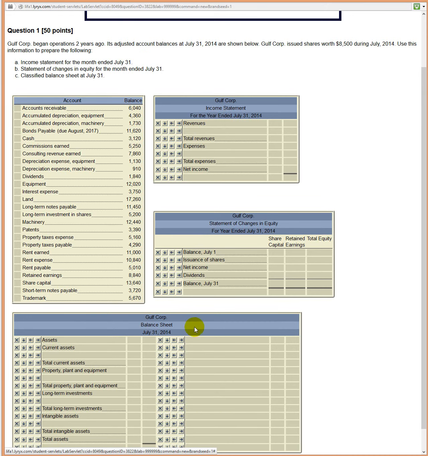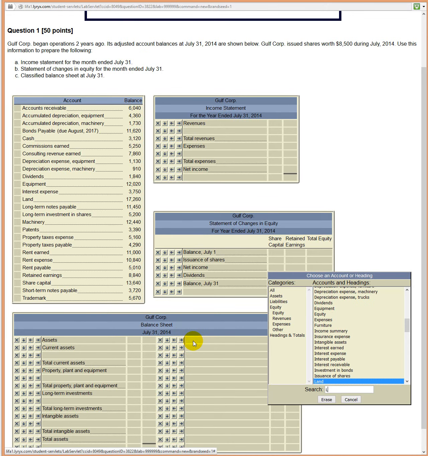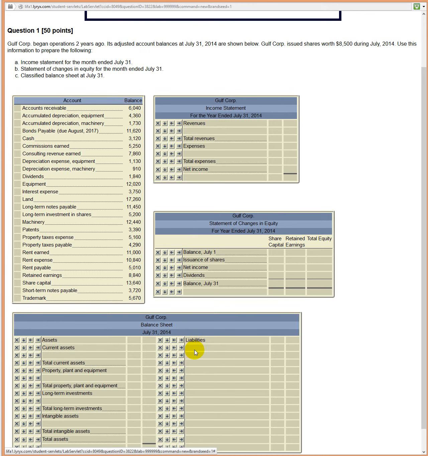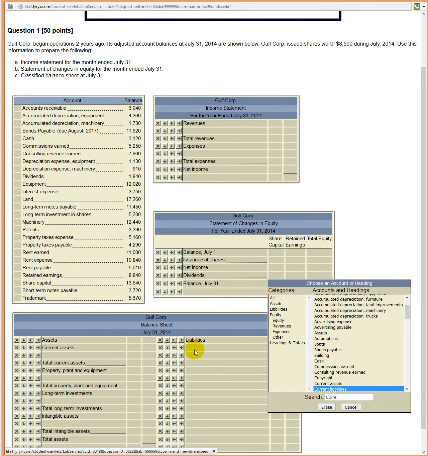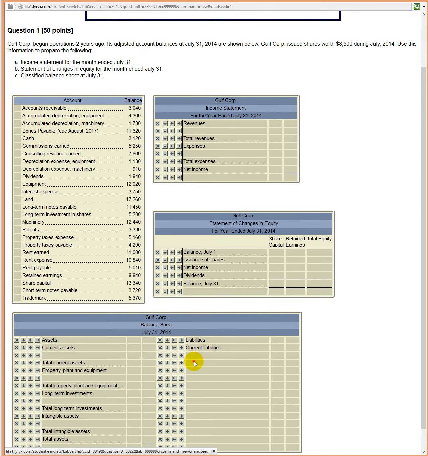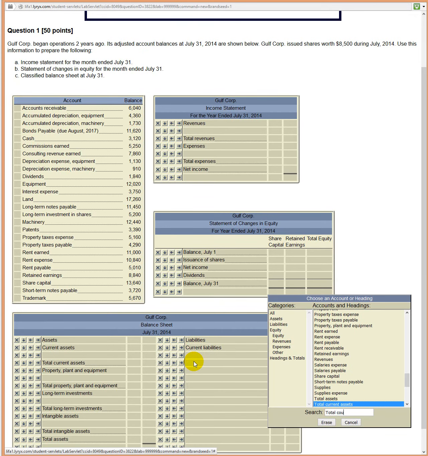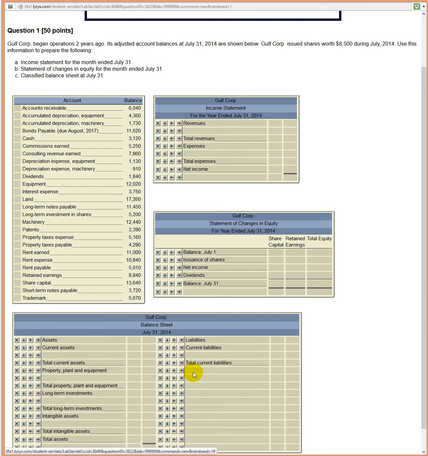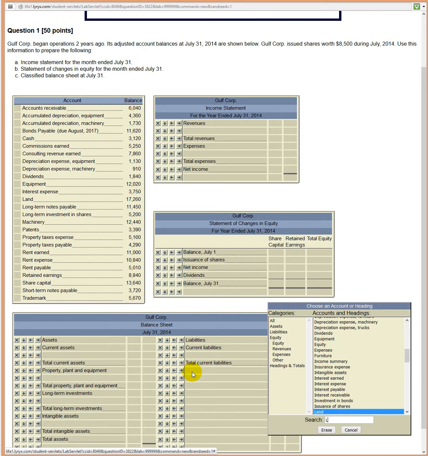assets. Over on the other side, we'll start with liabilities, and then we'll have current liabilities, and then we have total current liabilities, and then we'll have long-term liabilities.